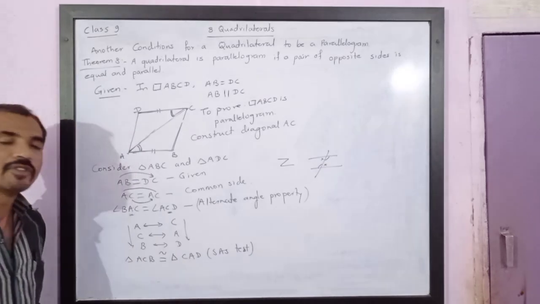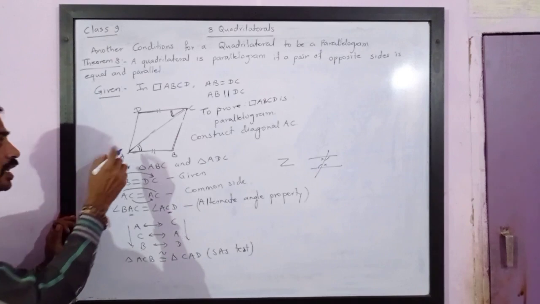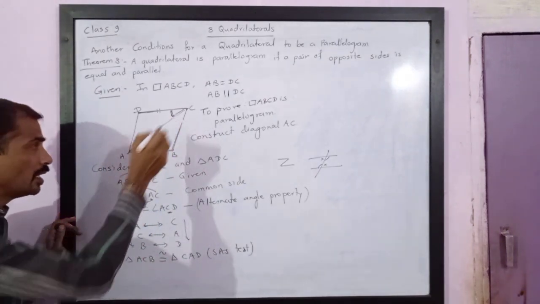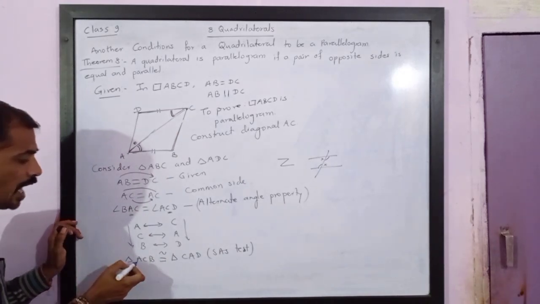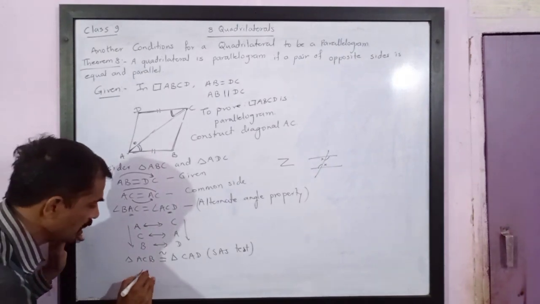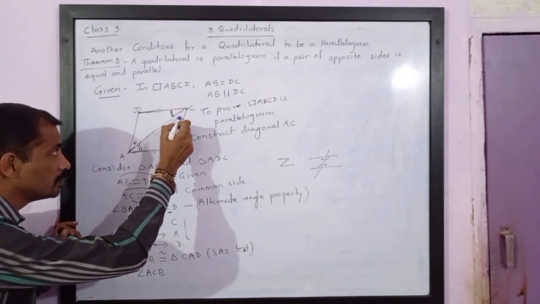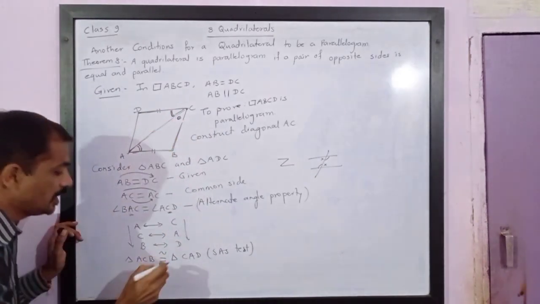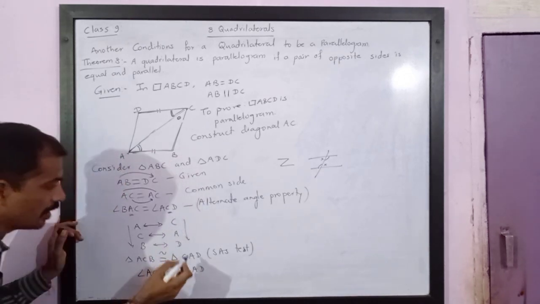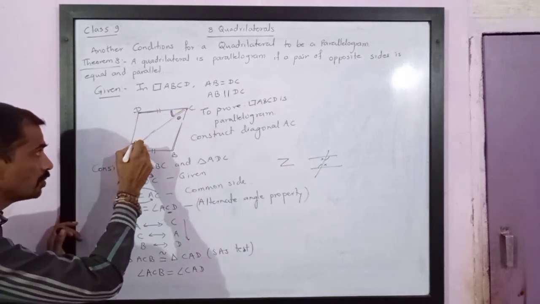Out of this, we need angle A and angle C now. If triangle ACB is congruent to triangle CAD, then angle ACB is equal to angle CAD.